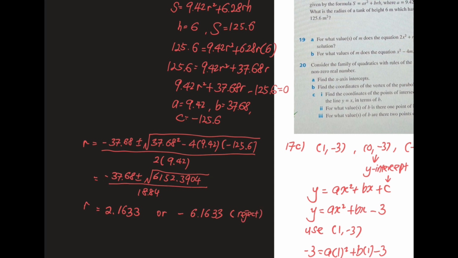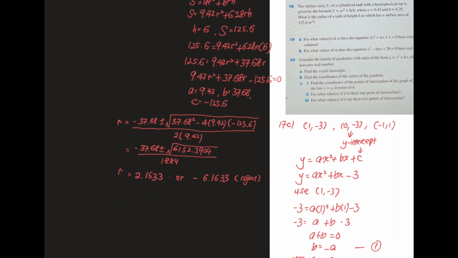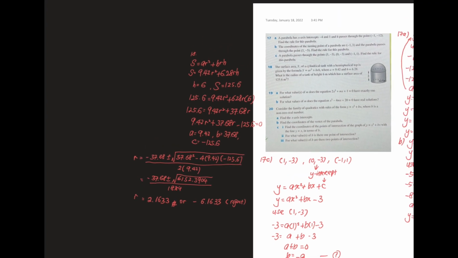The second value is negative 6.1633. Of course, this value we are going to reject because this is a negative value. Radius has to be positive. So at the end, we take 2.1633 as the final answer.